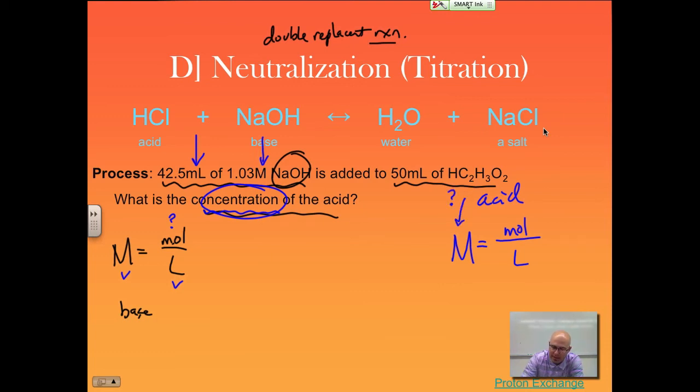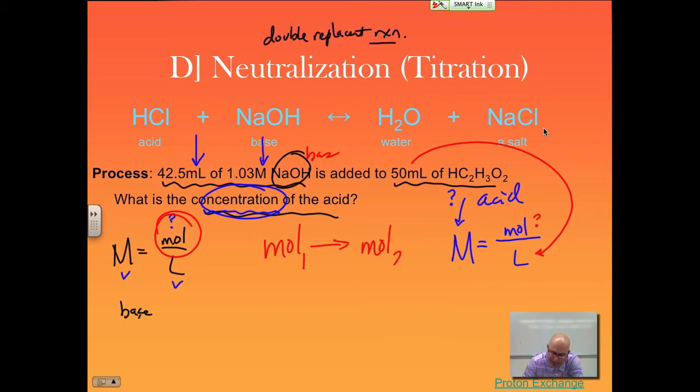And notice that I'm given the amount. What I don't have yet is the moles. But if I determine the moles of my base, I can then convert from one to the second, because you can convert moles to moles. So the roadmap to how to solve it basically is this.